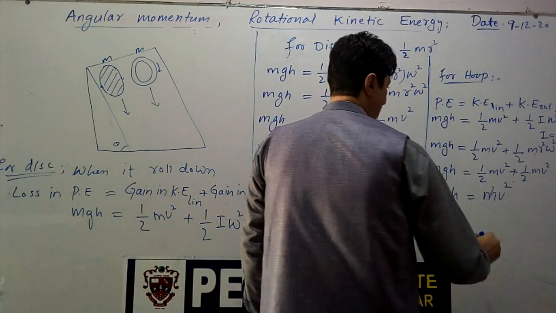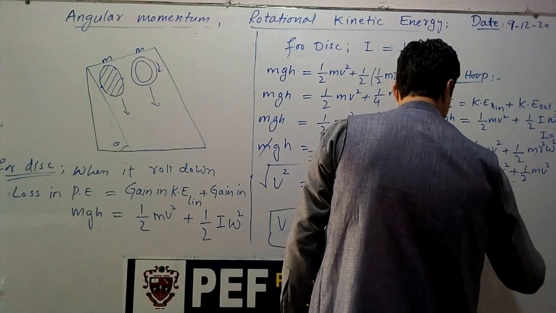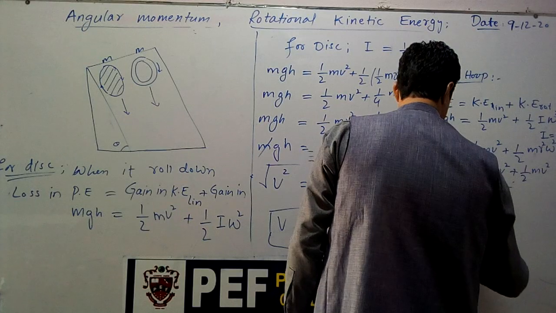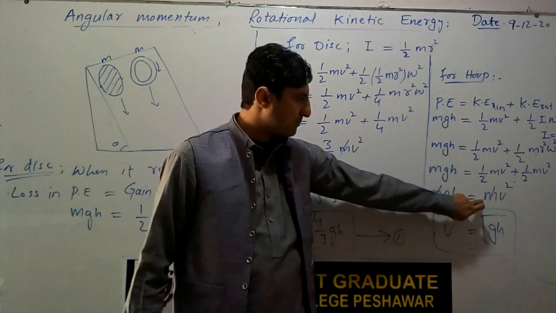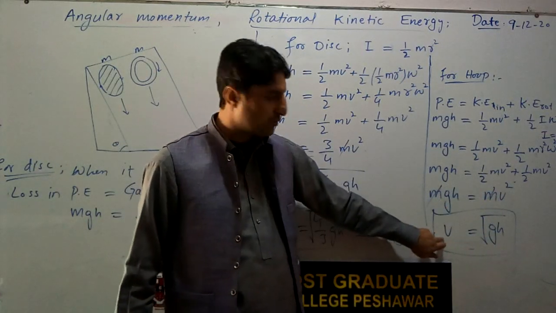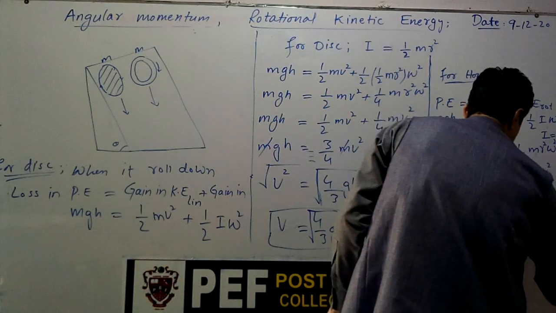Cancel this m from both sides, we get v square equal to gh. So taking square root, v equal to under the root gh. Say suppose this is equation number 2.